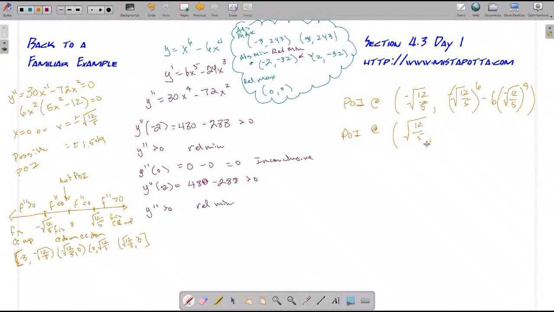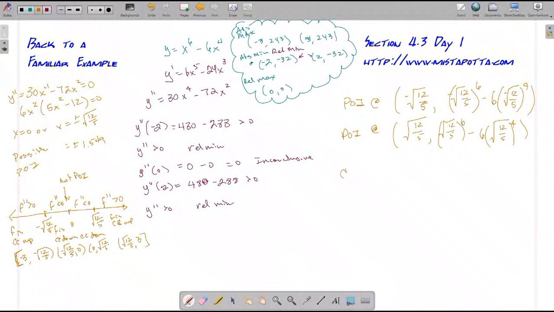which is positive root 12/5 to the 6th power minus 6 times the positive root 12/5 to the 4th. But I know I don't have a point of inflection at x equals 0 because the concavity didn't change.